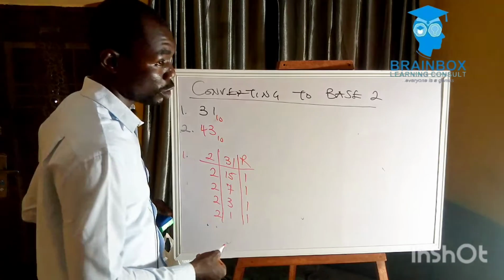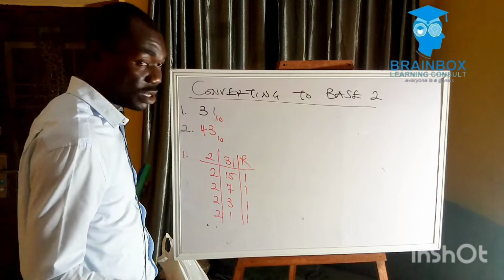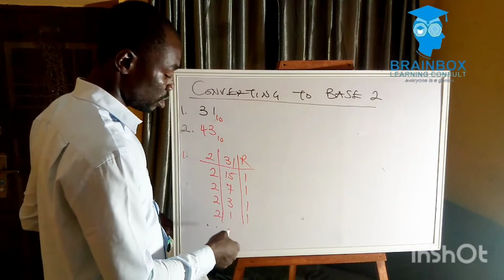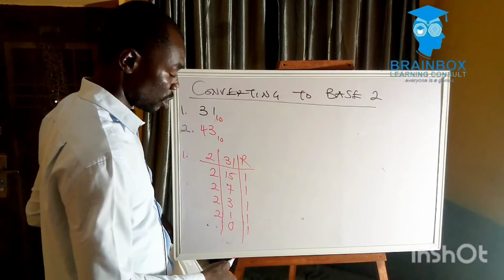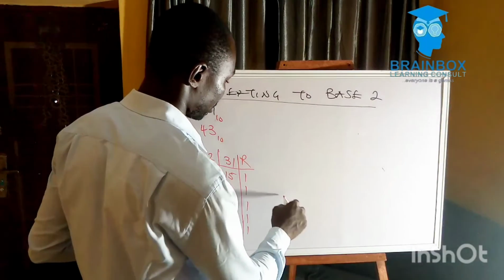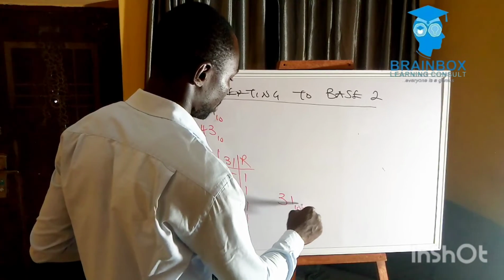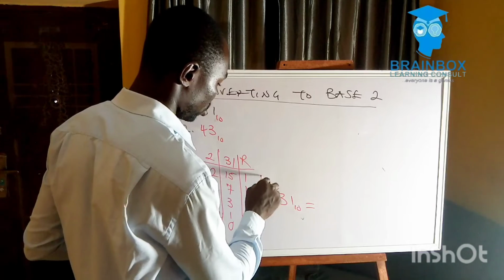Of course, you cannot divide 1 by 2. It's not possible. So what you just do is that will be 0 remainder 1. You can see that. So we are safe to say that 31 in base 10 is equal to... So it goes like this.